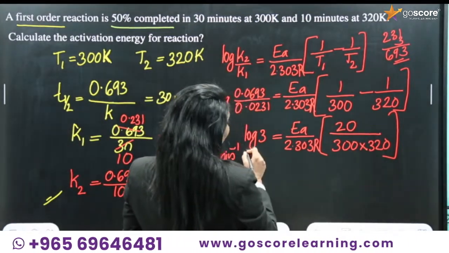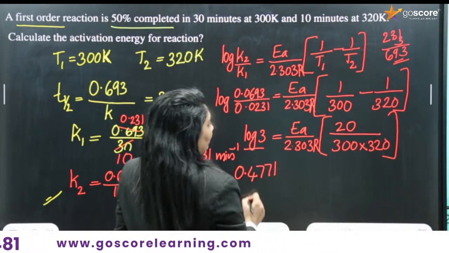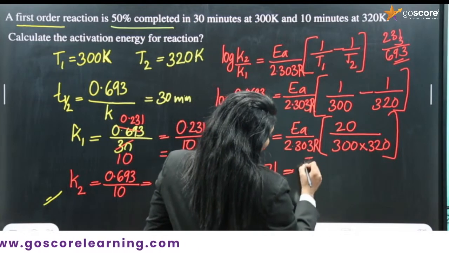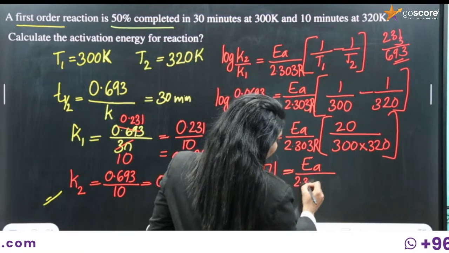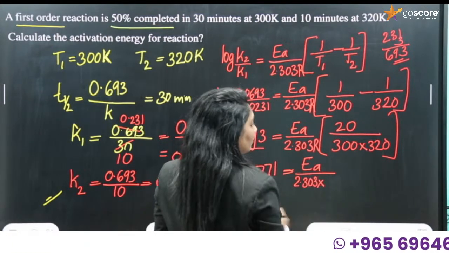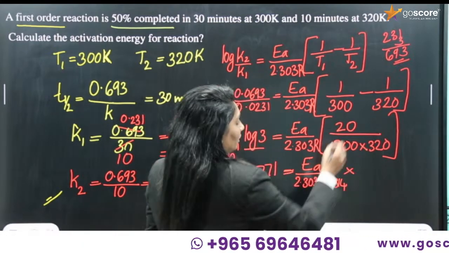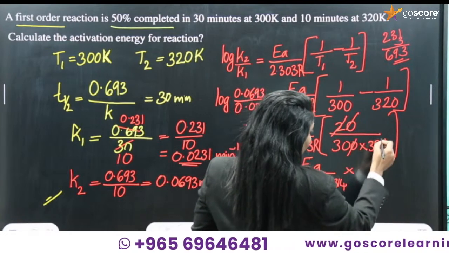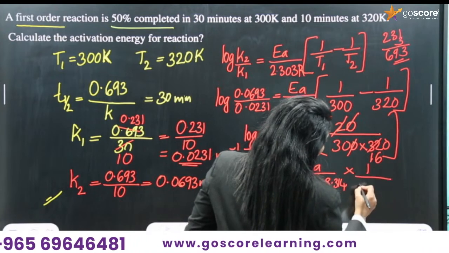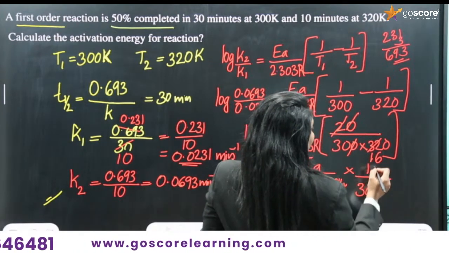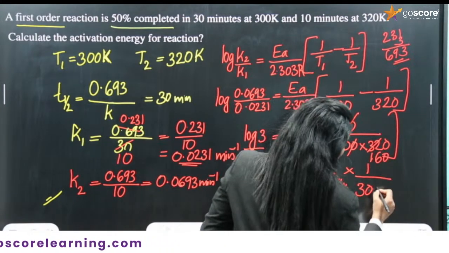So, when substituting the value, log 3 is 0.4771 equal to EA by 2.303 into, what is the value of gas constant? 8.314 into 1 by 300 minus 1 by 320.